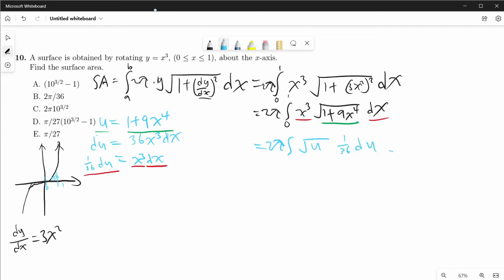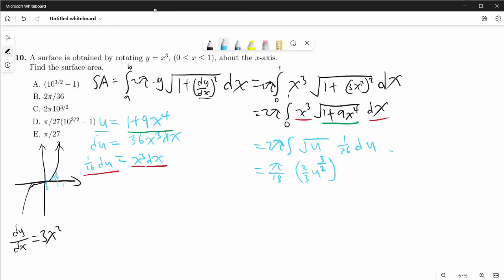I can move the 1 over 36 outside, making it pi over 18, and this integral is much better, as this is just u to the 1/2, and considering the chain rule, we will have 2/3 u to the 3 over 2 power.